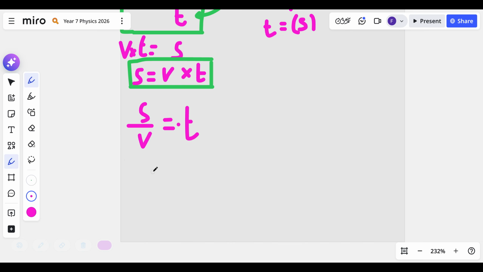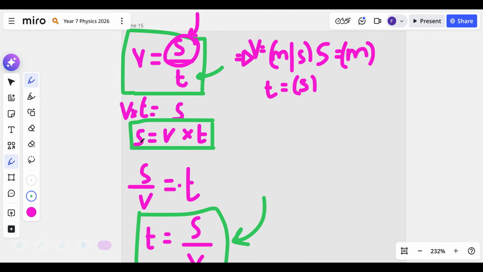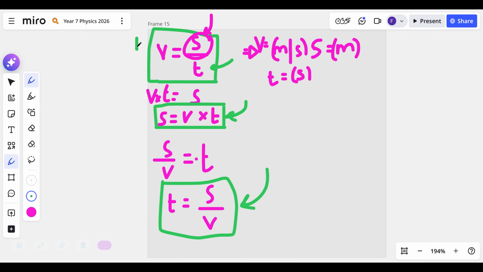Now I'm doing the rearranging for you because it's the first time I've actually done anything that involves rearranging S over V with you guys. Work out time, you use this. If you want to work out displacement or distance, you use this. If you want to work out velocity or speed, you use this. So you've got 1, 2, 3 equations.